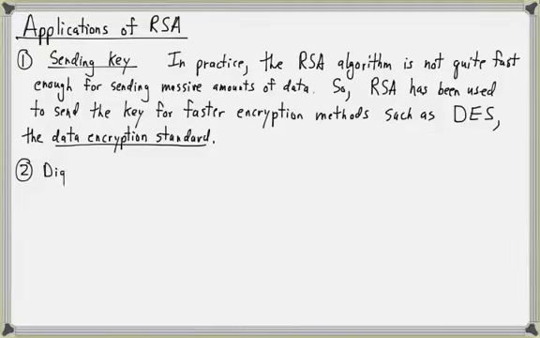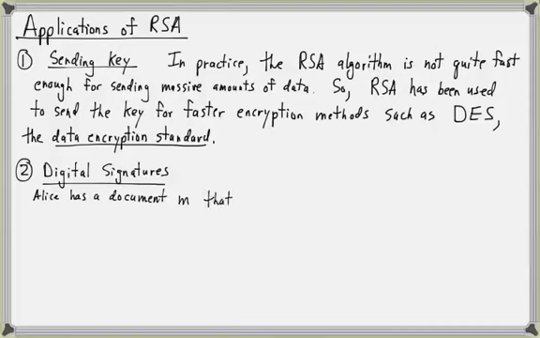This is the problem of digital signatures. So Alice has a document that is called M that Bob agrees to sign.